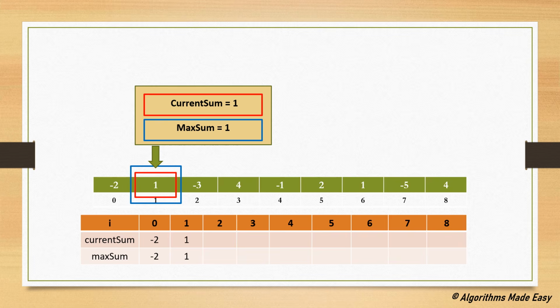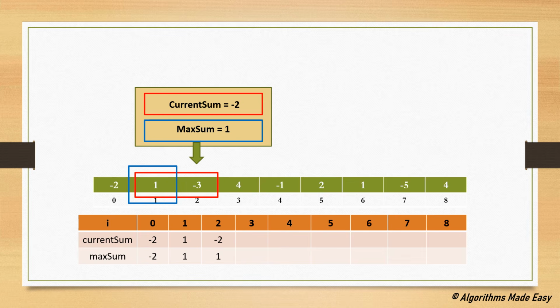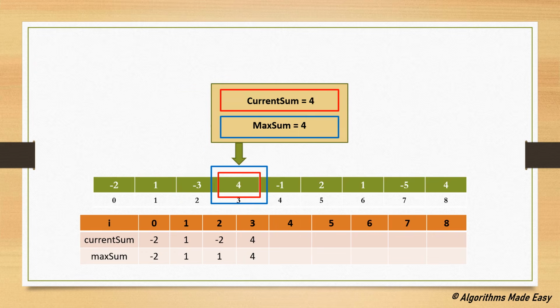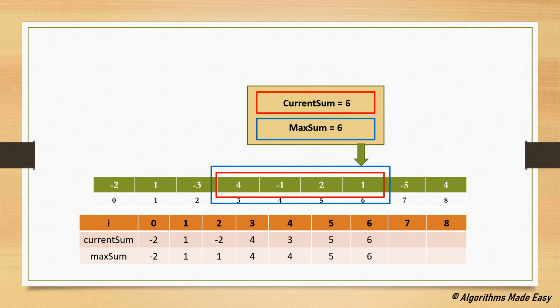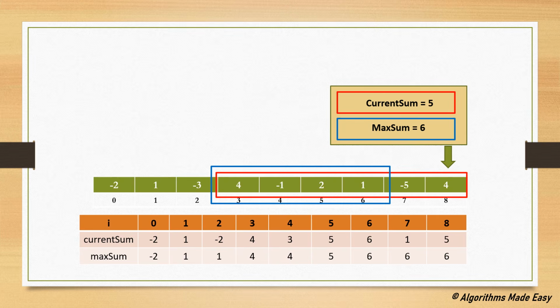Similarly, max sum would update to 1 as it is the maximum of current sum and max sum. Similarly, we will iterate through the array and update the current sum and max sum. The final value in max sum is our result.